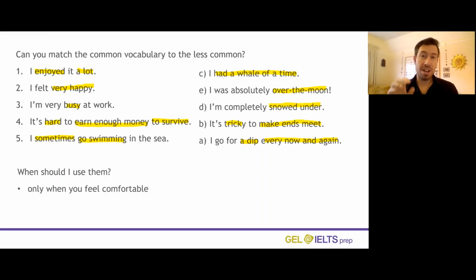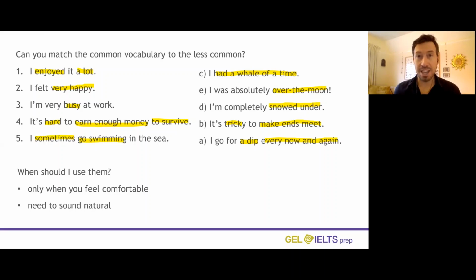So just when you're comfortable, but that means you should learn them. You should find some new phrases, nice phrases, keep improving your vocabulary and trying to use them just in your normal speaking. And then when you take the exam, hopefully you'll be able to use them in a natural way.